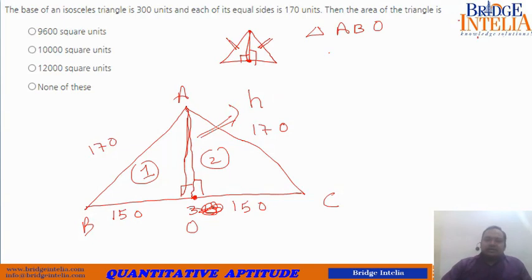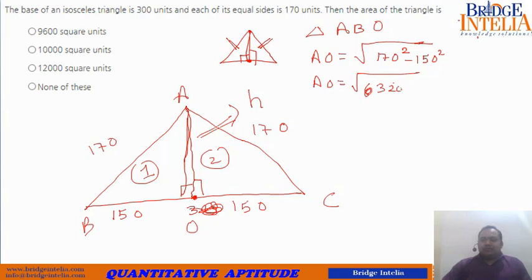You can say that AO is equal to under root of 170 whole square minus 150 whole square. So how much does this come out to be? Now see, a square minus b square is (a plus b) into (a minus b). So a plus b is 320 into a minus b, which is 20.